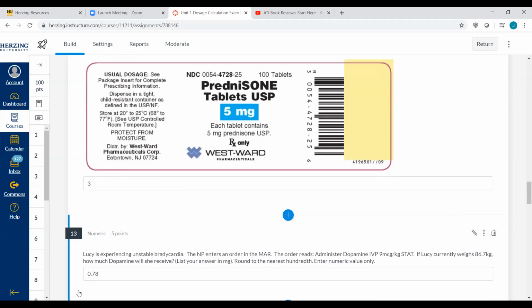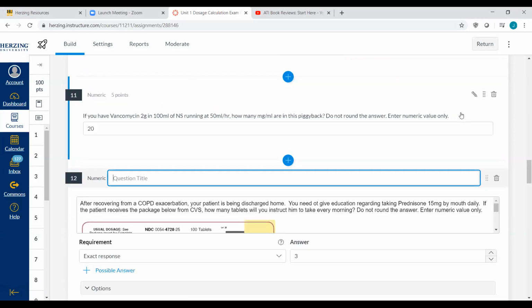This is what the answer is supposed to be, 0.78. Oh, that's what I got. I just forgot to turn it into milligrams.